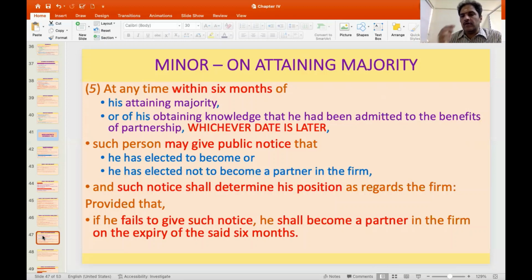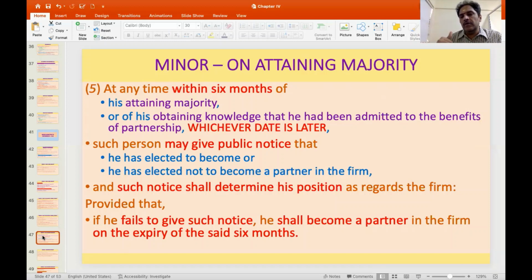So, the section talks about the choice that is given to the minor. If the minor, after he attains majority, within 6 months of his attaining majority, has to indicate by public notice whether he wants to continue and become a partner or whether he wants to not continue and opt out of the partnership firm. And that notice will determine his position.